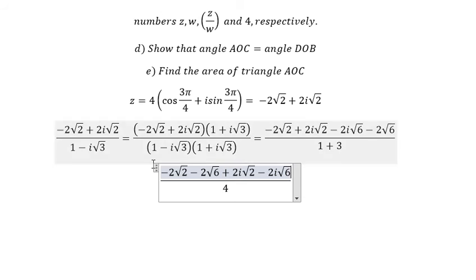Now we do the factorization with 2 square root of 2.